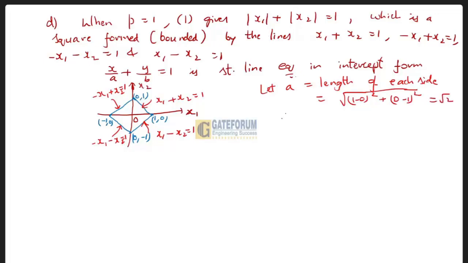Therefore, area of square is a square, or d square by 2, where d is the length of the diagonal, which is nothing but 2.